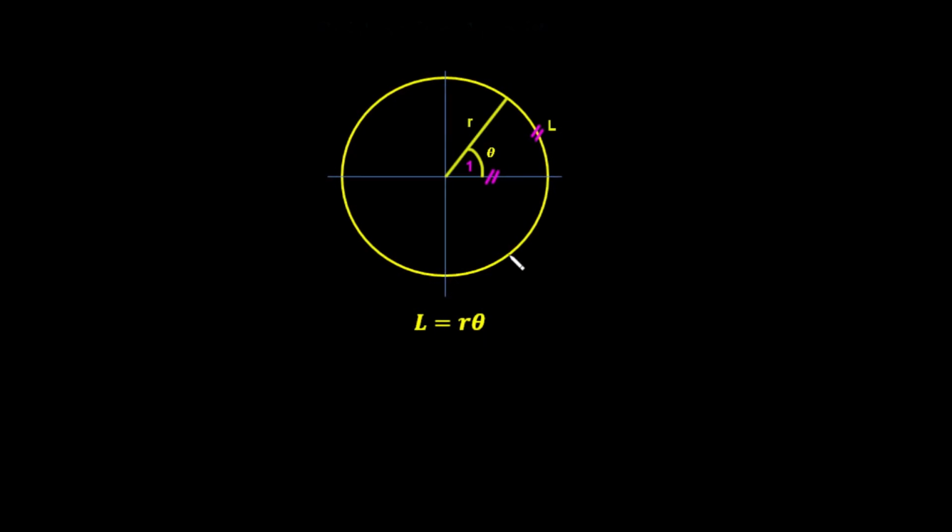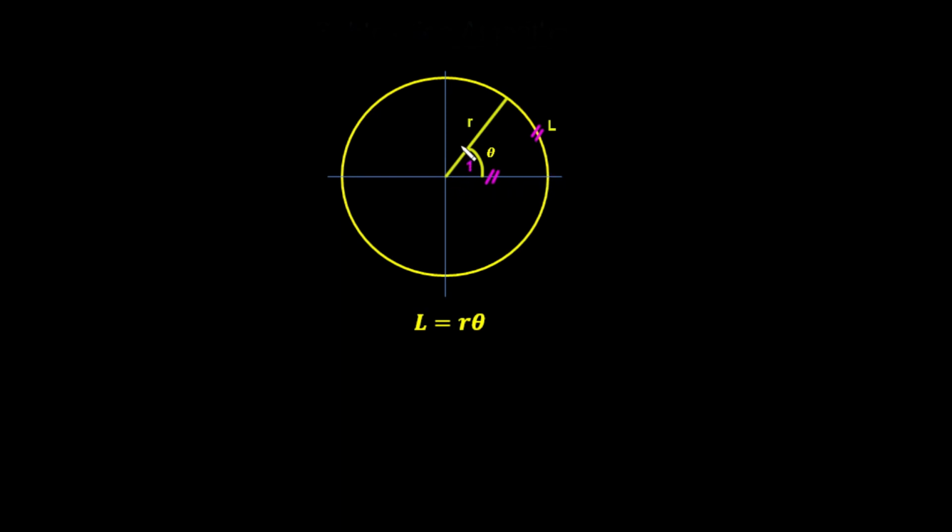So if we define the angle in terms of radians, then we get rid of the scaling factors of 180 upon pi or pi upon 180, and we're just left with the equation L is equal to r theta. To convince yourself of that, let's consider a simple example.